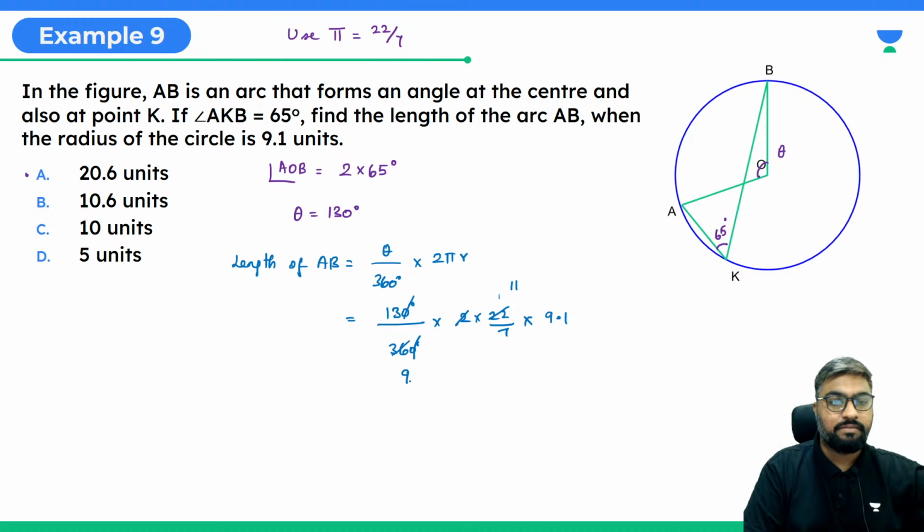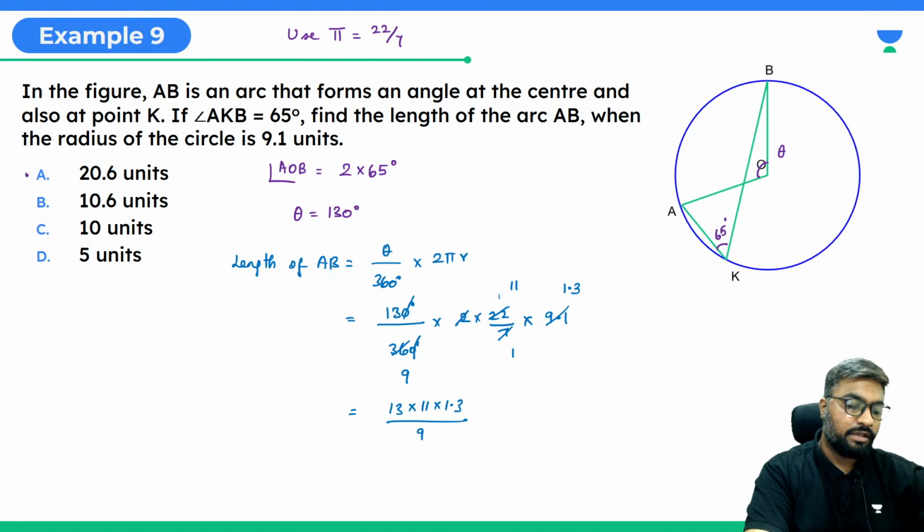This is 9 times. The 7 once. This is 1.3 times. So we basically have 13 into 11 into 1.3 by 9. Yes, 13 into 11 into 1.3 divided by 9 is 20.65. Closest is option A, 20.6.